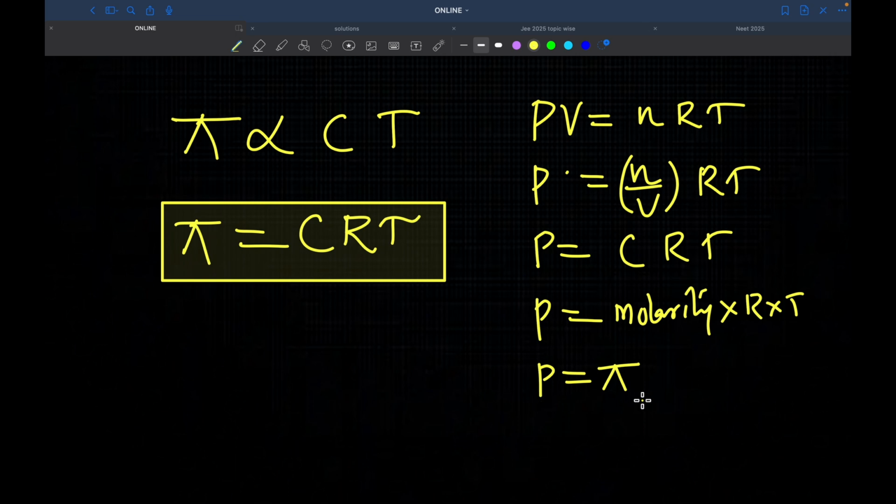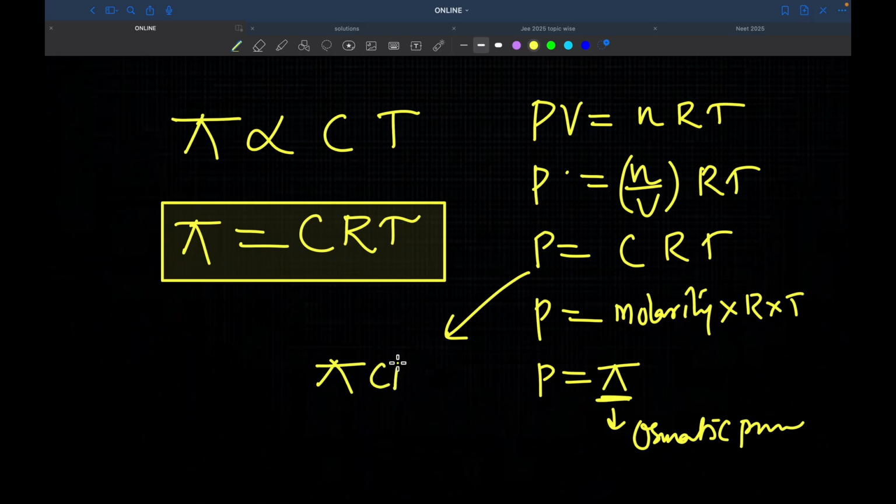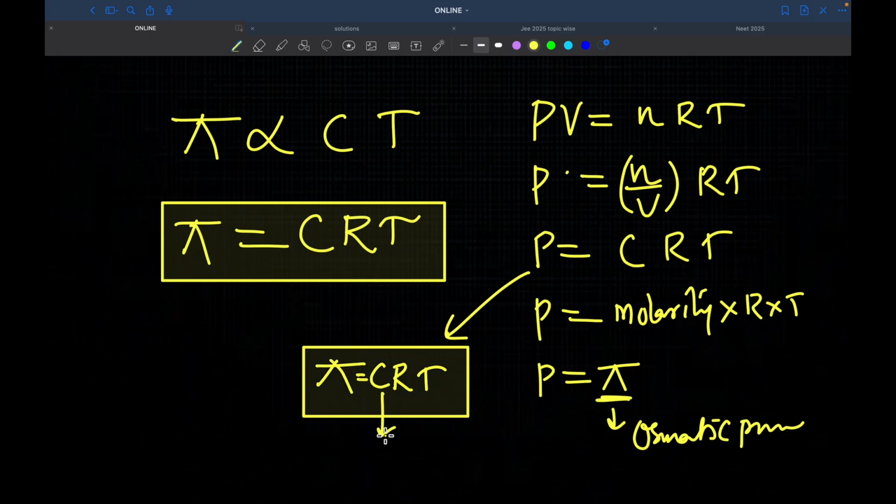Because this is the normal pressure, and this is osmotic pressure, denoted by pi. So pi equal to CRT. Here pi is the osmotic pressure, C is the concentration in moles per liter, R is the gaseous constant, we take it as 1 by 12, and T is the temperature.